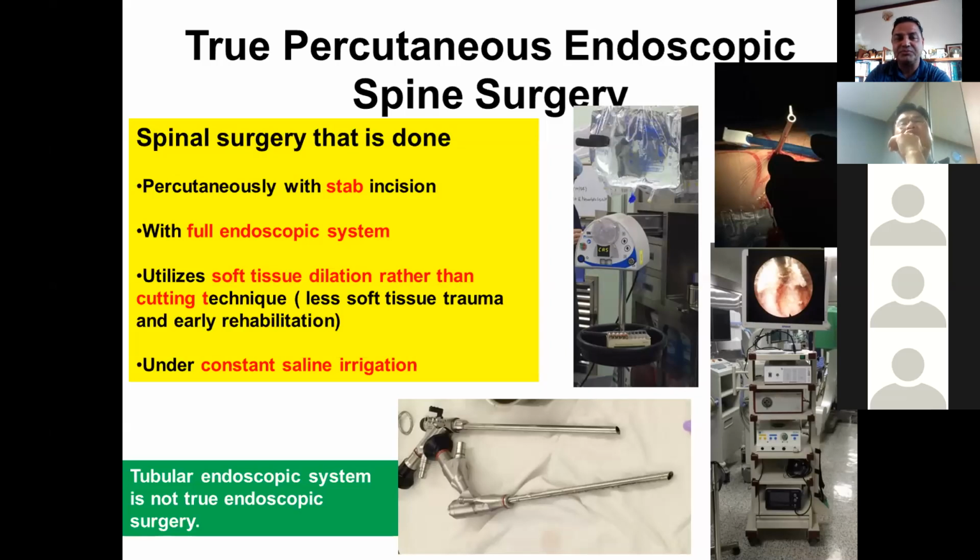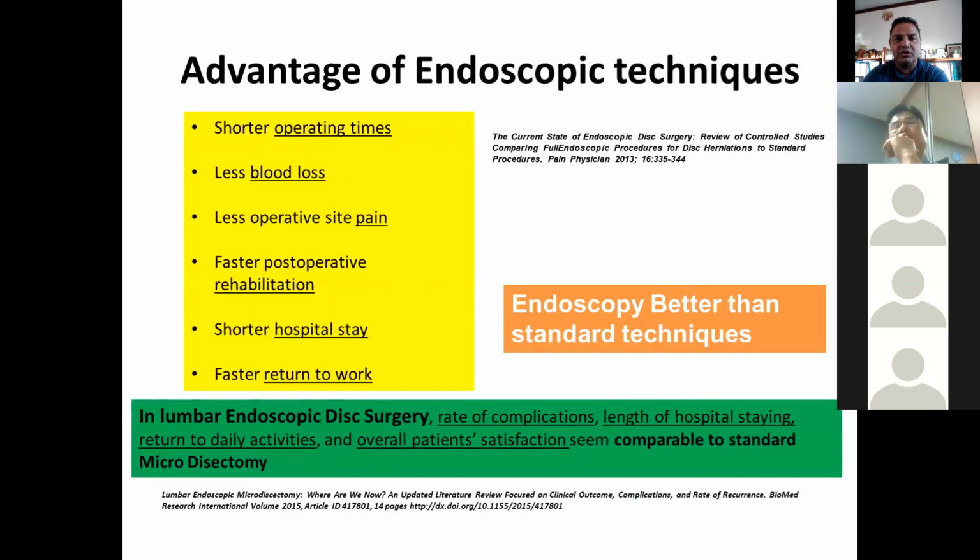So it helps to lessen soft tissue trauma, it speeds early rehabilitation, and it uses constant saline irrigation. So endoscopic assisted systems like the tubular system or Destandu system are not true percutaneous endoscopic systems, though they are endoscopic assisted systems.